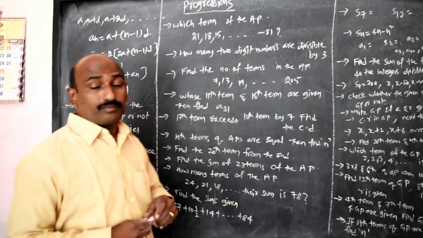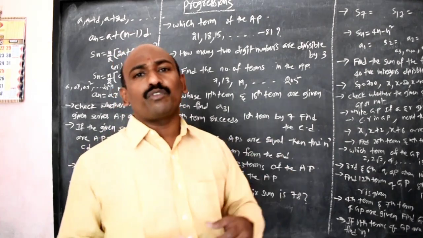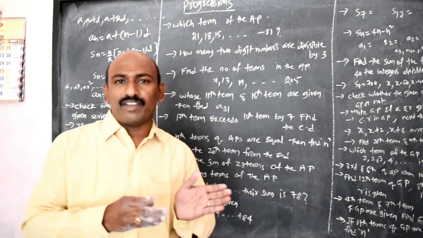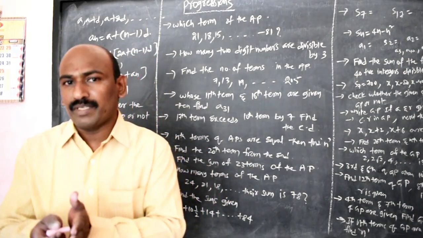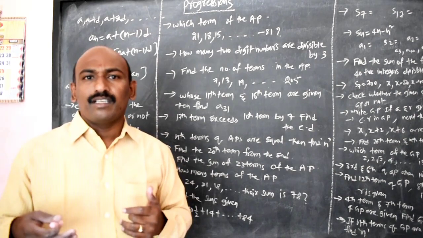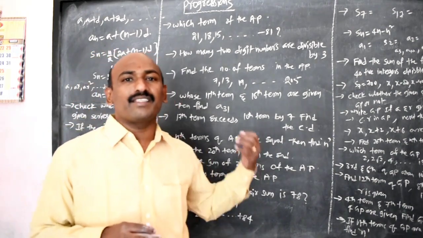Where is it useful? In a progression, if a person is saving 10 rupees the first day, 10 rupees the second day, 10 rupees the third day, like that, and if we want the sum over 100 days, we can apply these formulas.